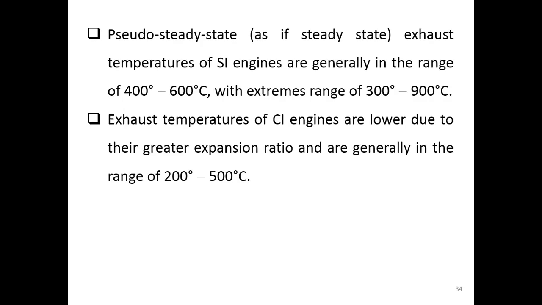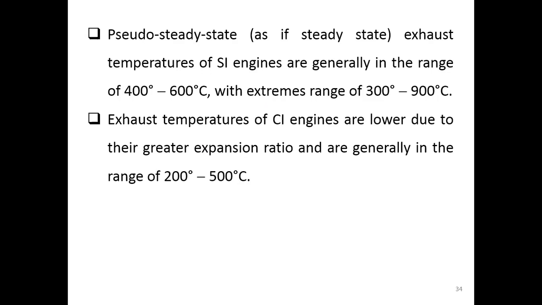But the temperature, look at this, is still 400 to 600, or the extreme range is 300 to 900. Compare with the exhaust temperature of the CI engine, which is 200 to 500 if we go for pseudo steady state.